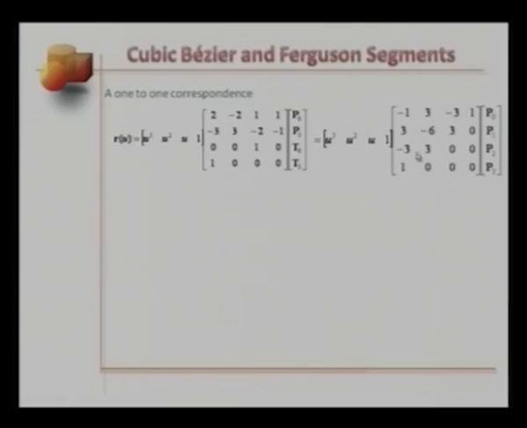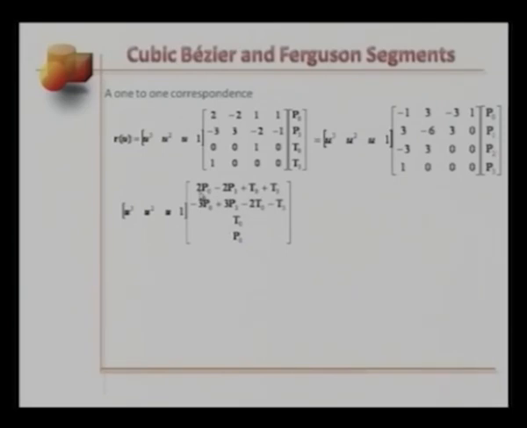If these segments are to be the same, we'll have to impose an equal to sign here, and this would be true for all values of the parameter u between 0 and 1. So what we do here is we absorb this geometric information into this and come up with a resultant 4 by 3 matrix here.